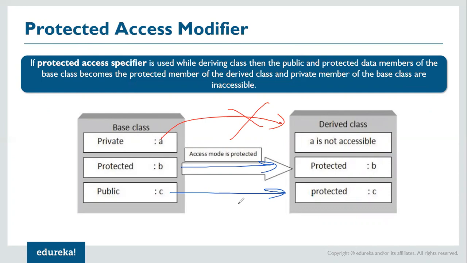A protected member is accessible in the class, plus in case of inheritance, if you are using the access mode as protected, protected always remains protected, and public will also become protected.